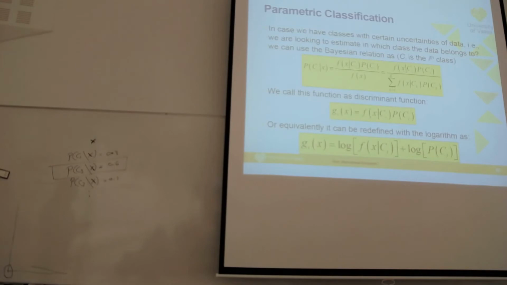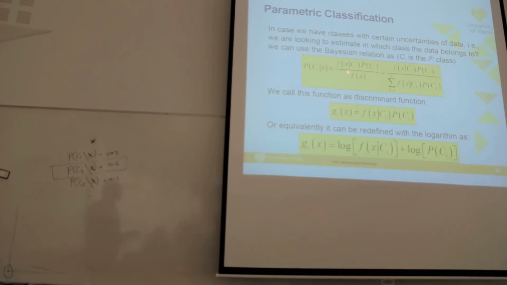Now we would like to build a machine learning algorithm based on this formula. What we define now is what is known as the discriminant function. What is the discriminant function? It is the upper term here, so it is f of x given Ci times P of Ci. We know that every element here is always positive. It cannot be negative.